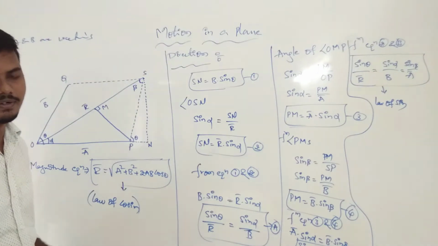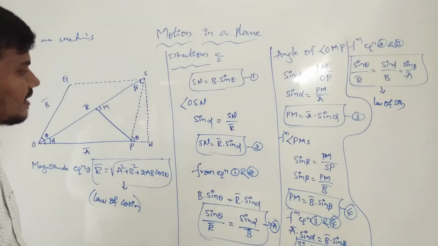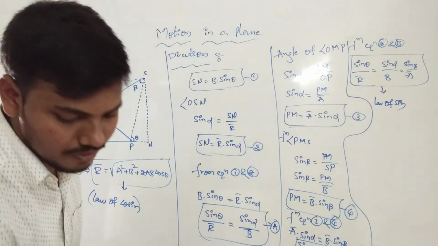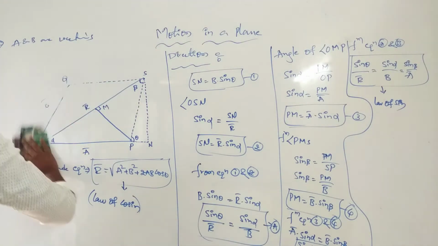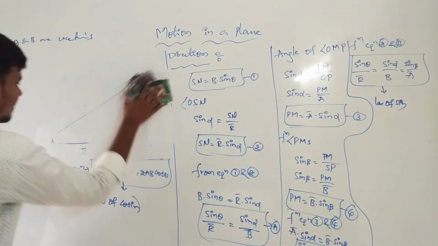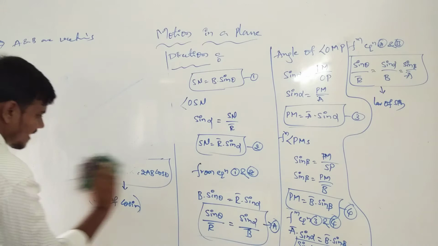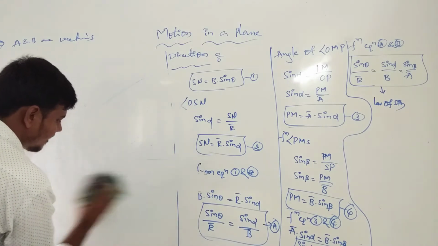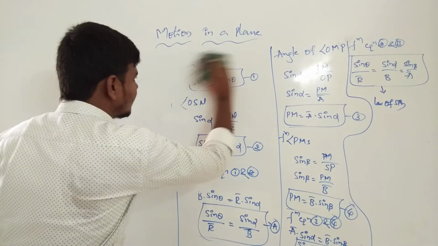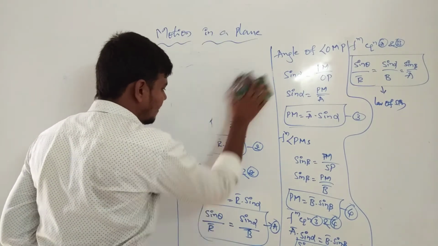Clear? Now again, when we introduce the parallelogram, very important. Now what is the parallelogram? Where are we using it? What is the equation, what is the magnitude of the equation, and what is the direction of the equation? We introduce these in the motion plane topic.